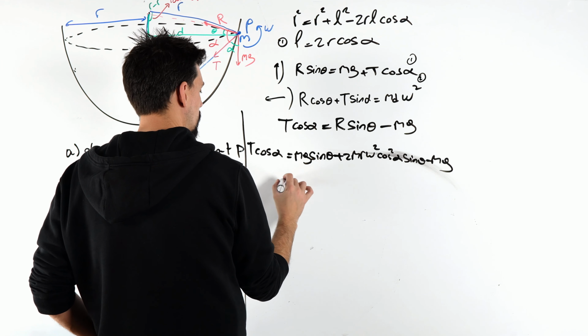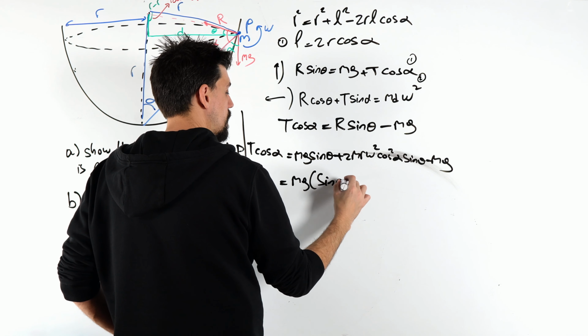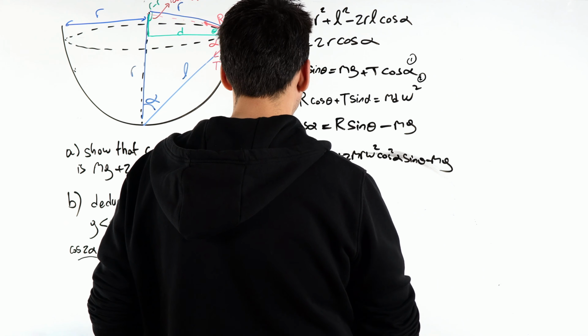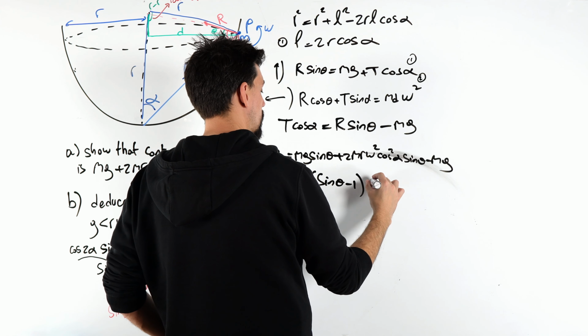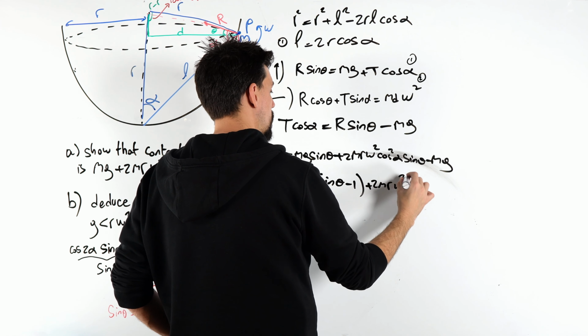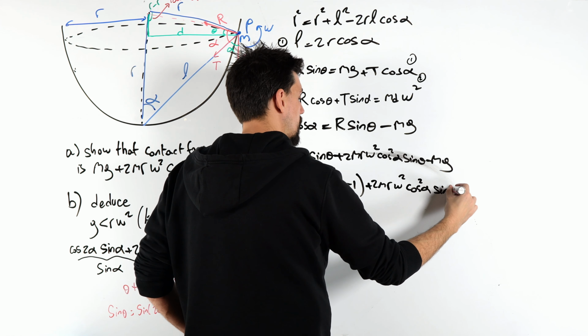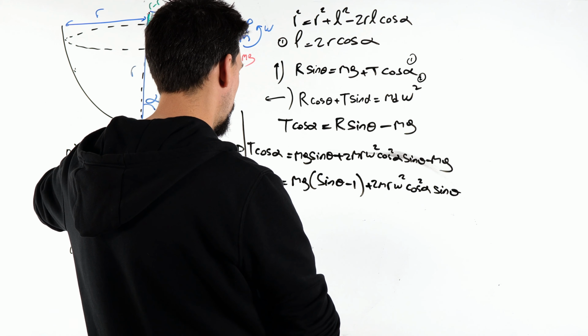So this is mg times sine theta minus 1 plus 2mr omega squared cos squared alpha sine theta. Or we got something going on here.